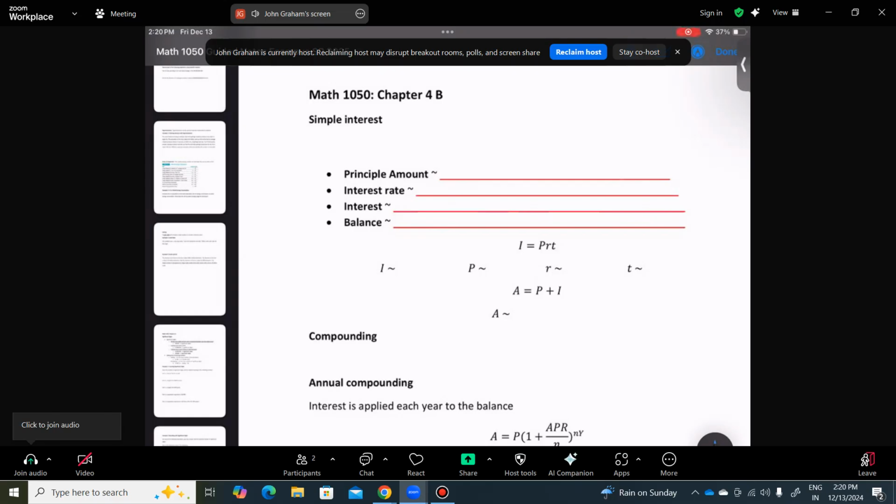Alright, and so simple interest is applied onto the principal amount and only the principal amount.